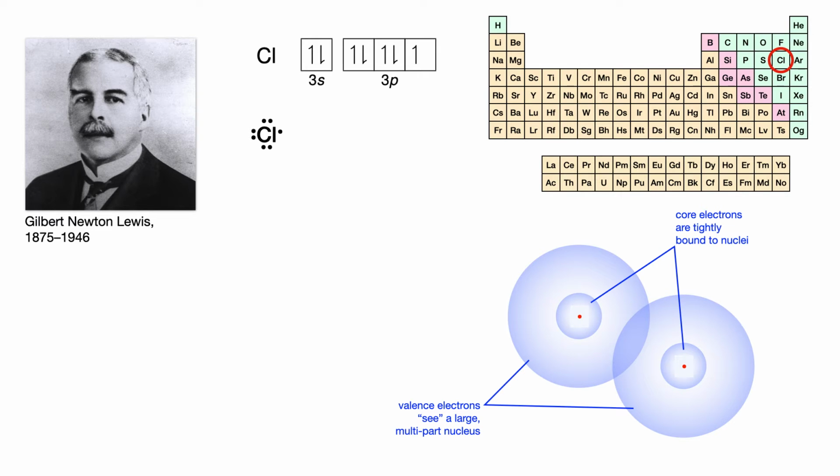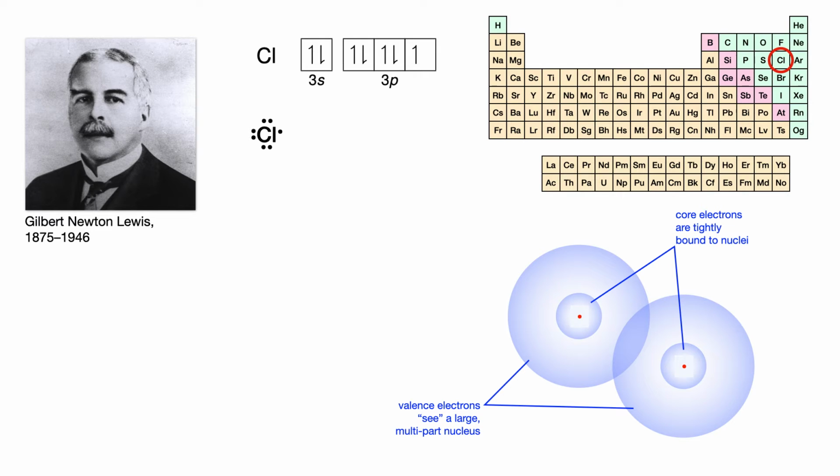And typically these dots are drawn in pairs when possible, but that doesn't really matter. The important thing is that there's a dot for each of the valence electrons. And the other important thing is that chlorine has a vacancy in its valence shell.